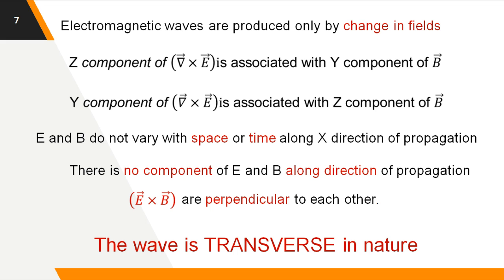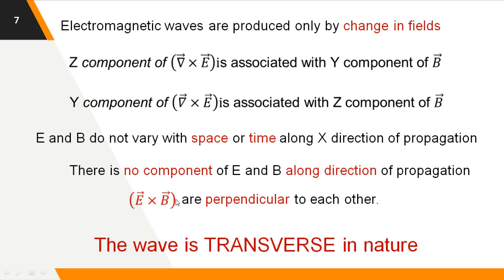And E and B do not vary with space or time along the direction of the propagation. Here the direction of propagation we restricted to x. Therefore Ex and Bx do not vary with respect to space x, y, z or with respect to time. This is the conclusion.